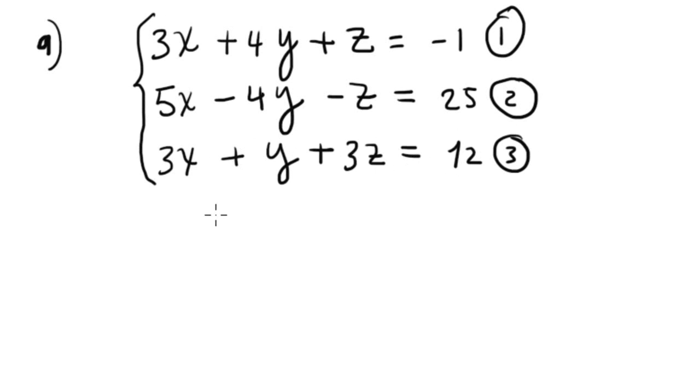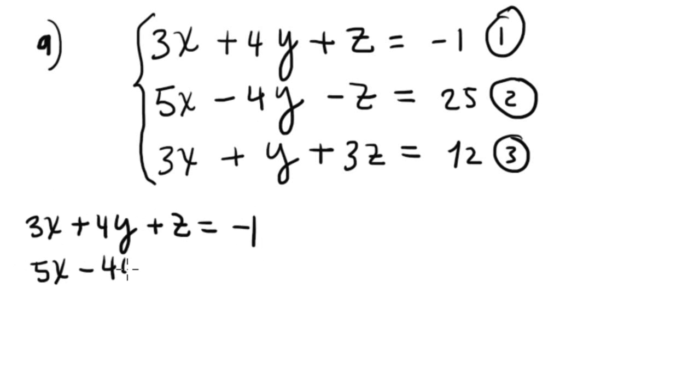Okay, what's the strategy here? You pair 2 equations. I propose you pair the first one and the second. Why? The reason is because I see it's ready for elimination, at least positive 4 and negative 4.